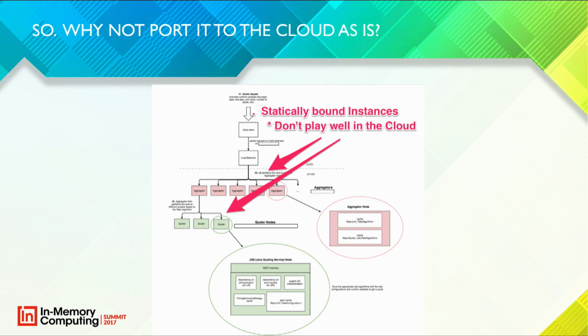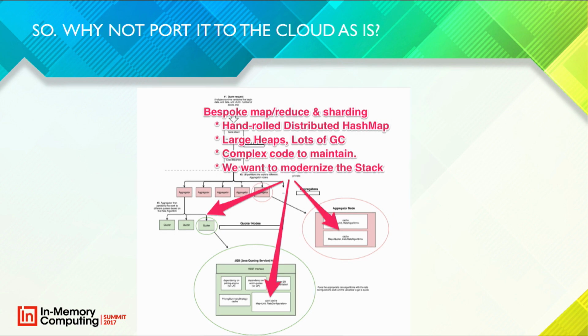And of course, anything that's statically bound like that doesn't work well in the cloud where things come and go. And of course, the other bit is that we have bespoke MapReduce, bespoke sharding, we have a hand-rolled distributed hash map. All of that is complicated in the cloud.